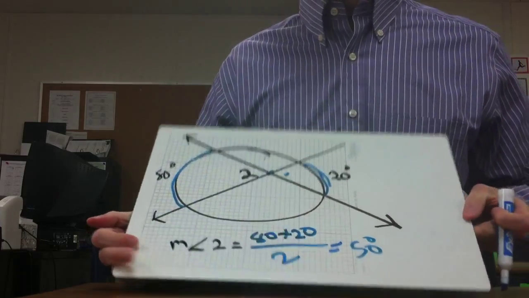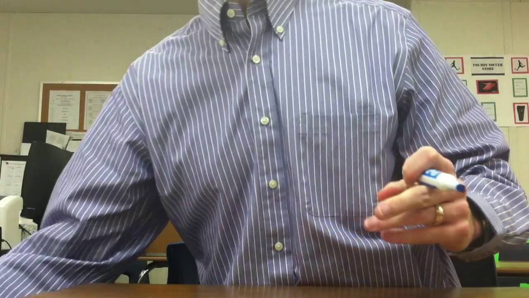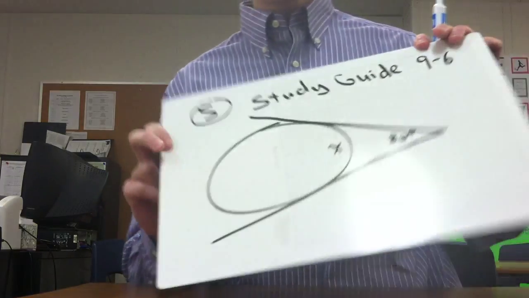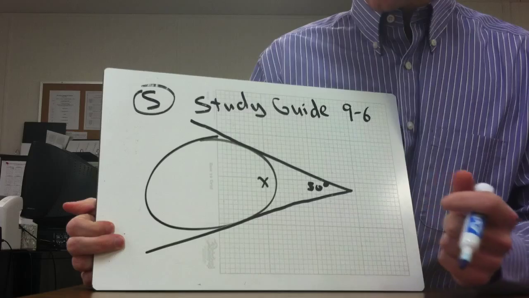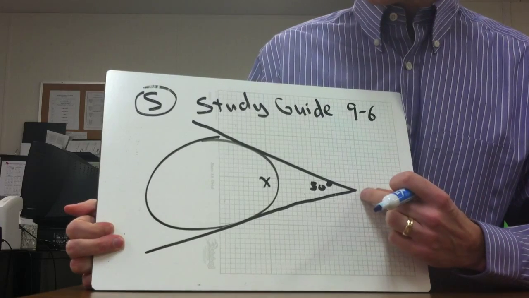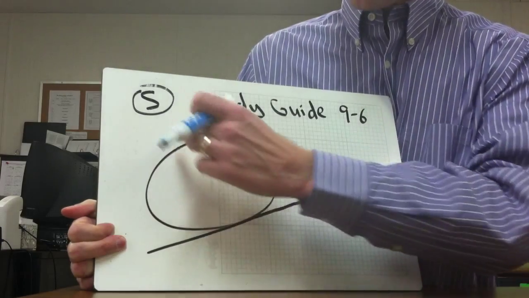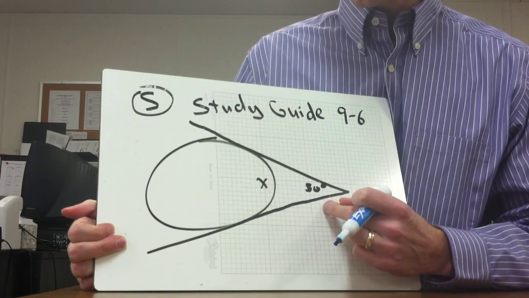I want to show you one example, and this comes off of the study guide 9.6 worksheet that you guys have. Sometimes students have trouble with this particular one, so I wanted to give you a heads up on it. This one has your vertex outside of the circle, so the rule is you subtract your two arc measurements and divide by 2, and it's supposed to give you 50 degrees.